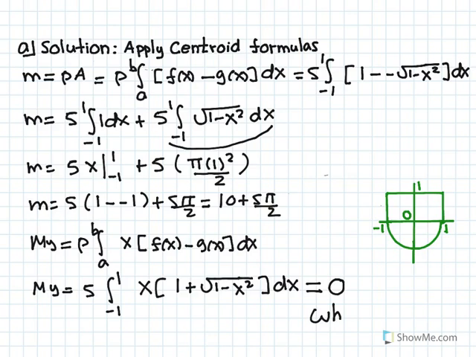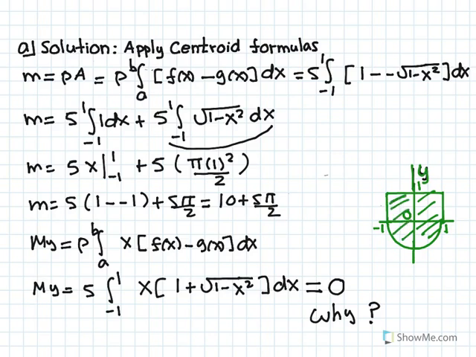Why is that? We can certainly integrate this term by term, split up the integrals, use the substitution method, but we don't have to, because you will notice the region is symmetric about the y-axis. This whole region is symmetric about the y-axis, which means this part is exactly equal to this part.